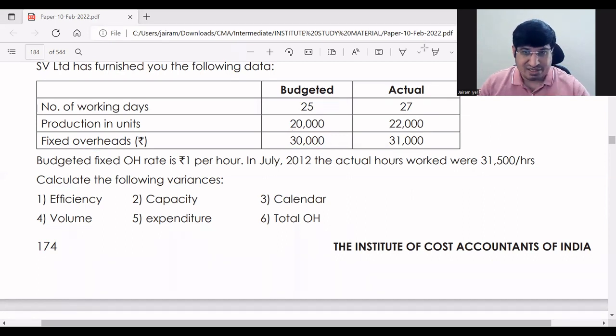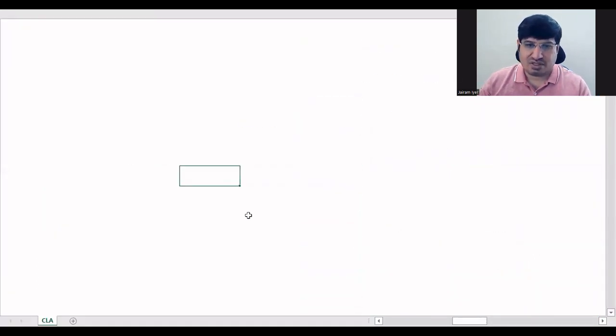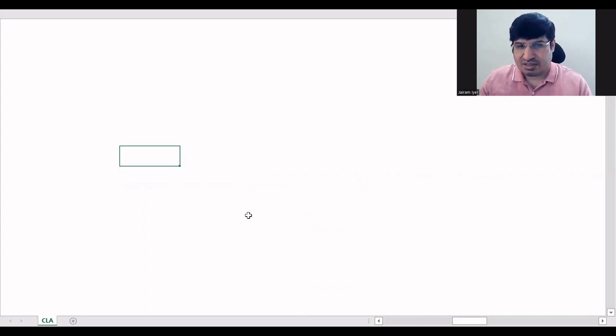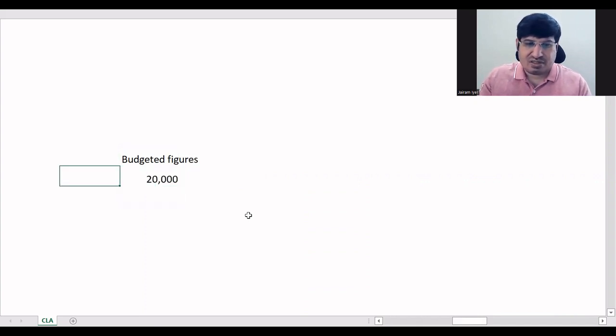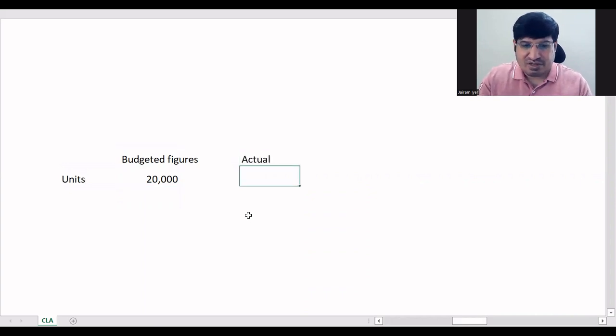I'll show this to you separately. Actually it is 20,000 hours. So these are budgeted figures: 20,000 units, and actual units is how much? 22,000.